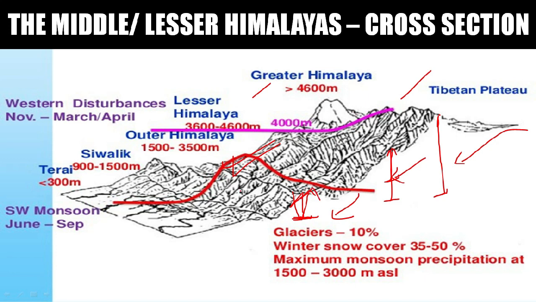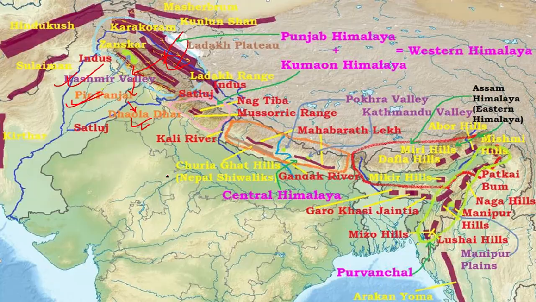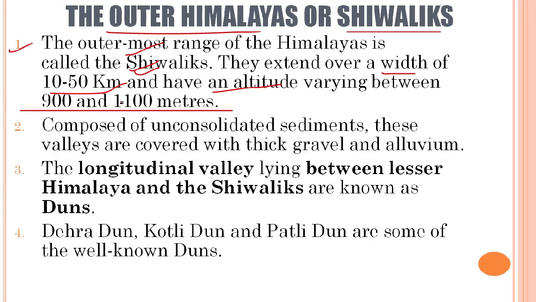So here you can easily see that there are different kinds of ranges like this and this. You can easily see that the altitude of all these ranges varies. That is what we have learned right now, that the altitude of these ranges varies between 900 and 1100 meters. Clear?